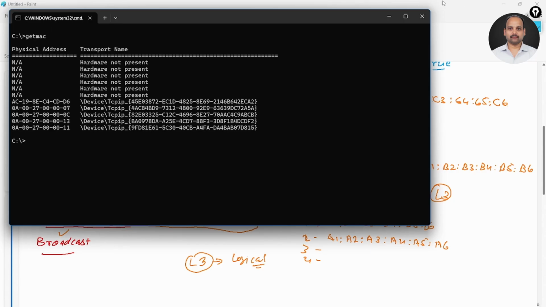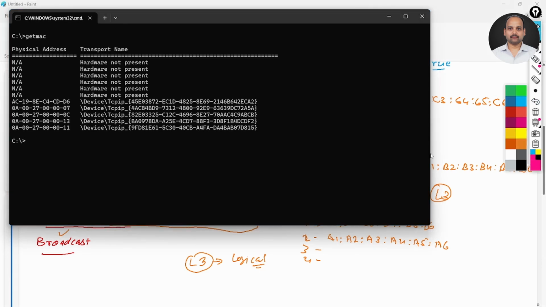If you look at my system, there is 1 MAC address, 2 MAC address, 3 MAC address, 4 MAC address, 5 MAC address.